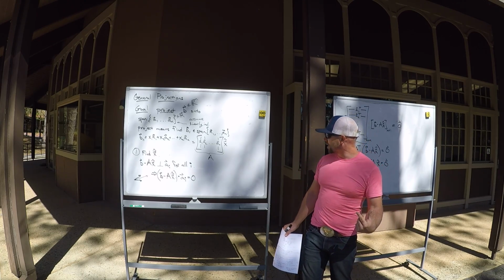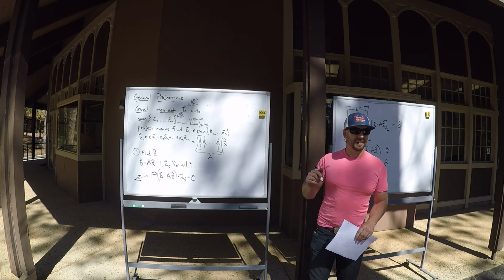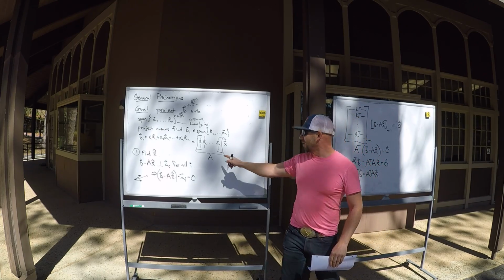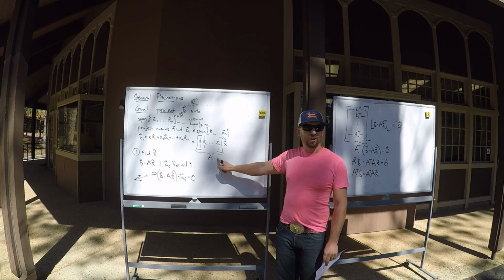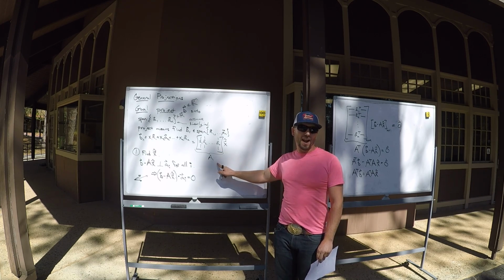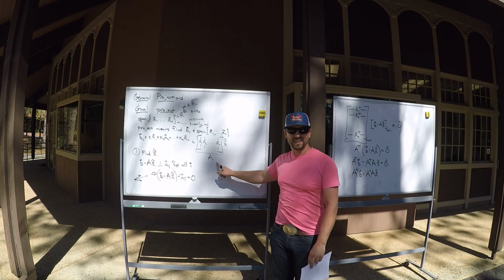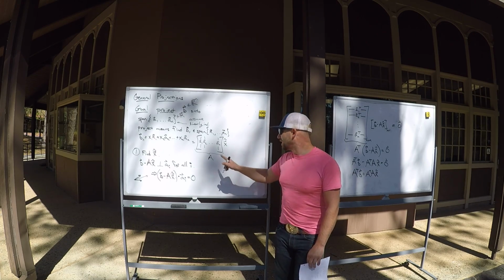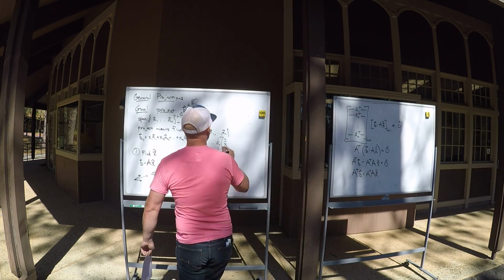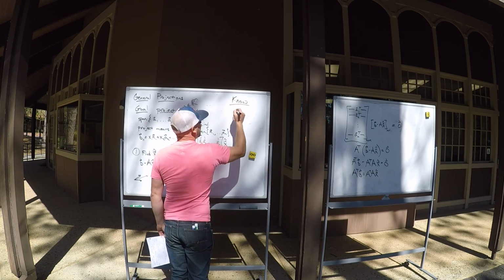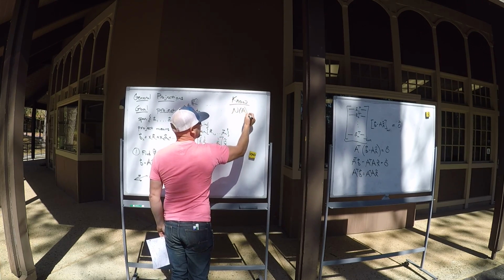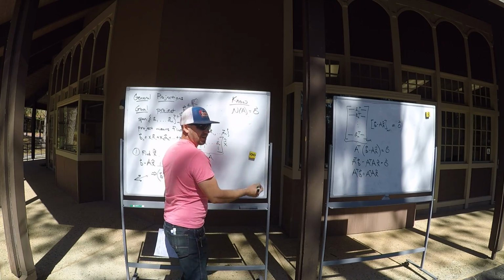And what do I know about that matrix A? It's linearly independent. Good, I know that it's made out of linearly independent columns. So here's what I know: the null space of the matrix A is the zero vector.